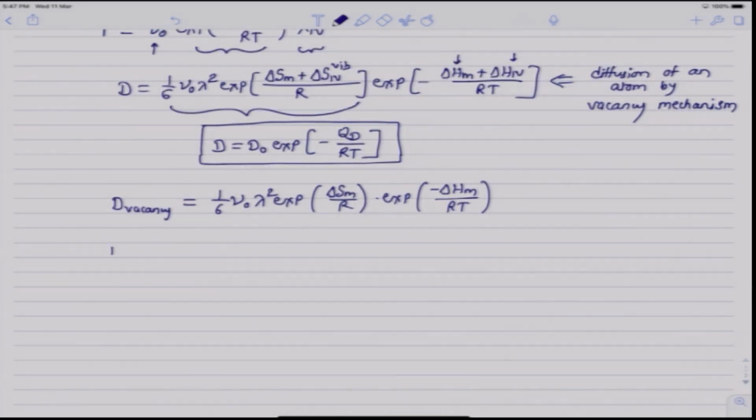Similarly, for an interstitial diffusion, the jumps of an interstitial will represent true random walk, because even in case of interstitial, the equilibrium concentration of interstitials is typically very low, and so the probability that there would be an interstitial in the nearest neighbor interstitial site of an existing interstitial will be very low. And so, at any instance, the interstitial will have all of its nearest neighbor sites available for jumping.